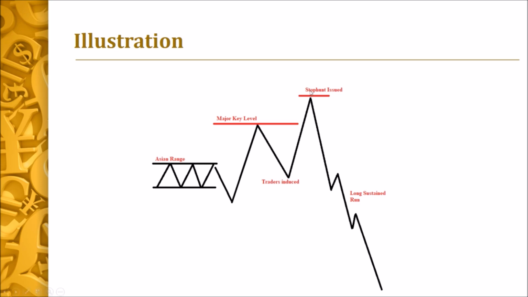The stop hunt usually passes through the major key level that was determined by traders. So trading at this zone will give you an edge to be out of those being baited to take their stop losses. And after that stop hunt, there will be a long sustained run until the beginning of the New York session.